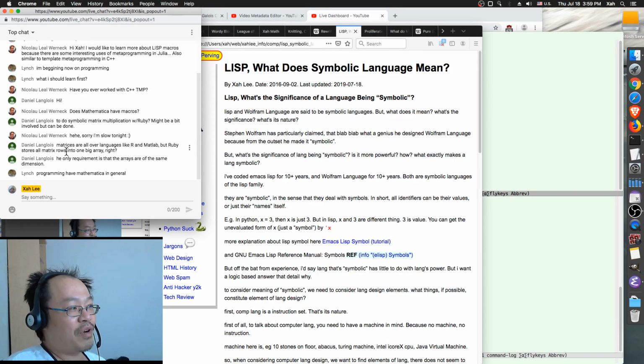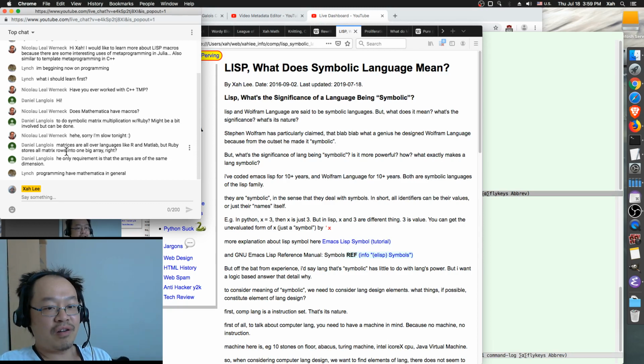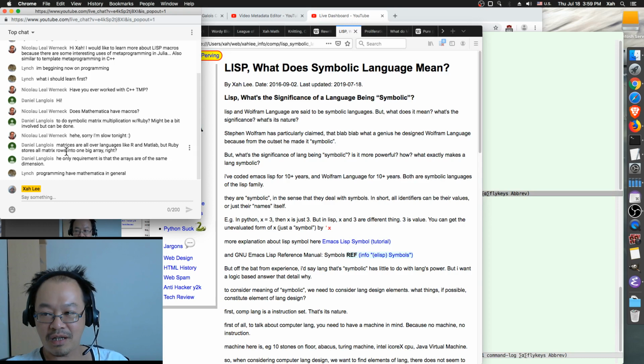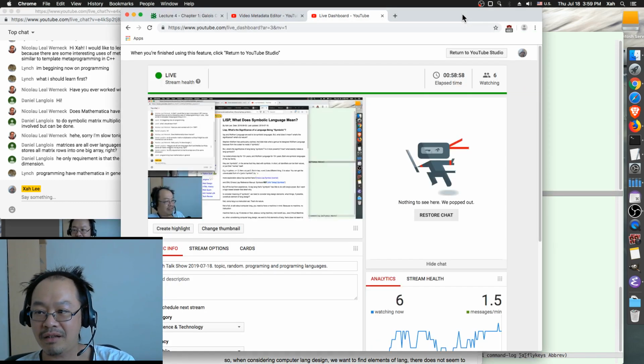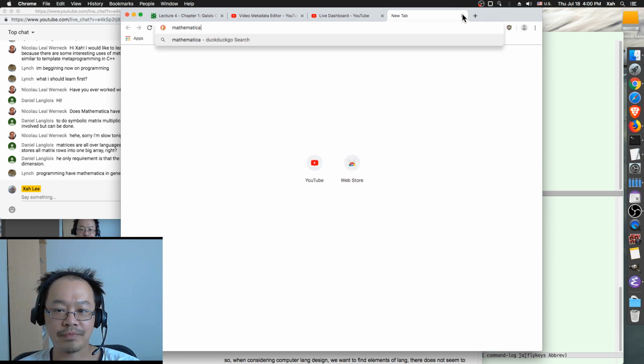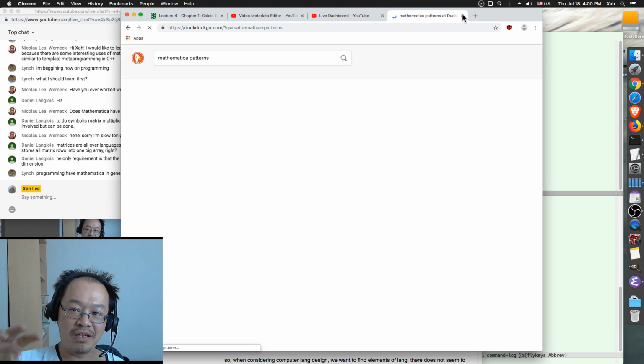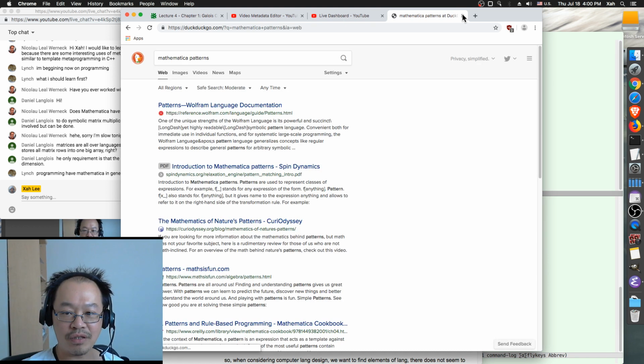So that is why I despise the Lispers with their macros concept. Because when you actually know Mathematica, you don't have to know the whole thing. You just spend half a year studying Mathematica, learn the pattern system. Let's show some Mathematica patterns, something concrete, and look at what it exactly looks like.